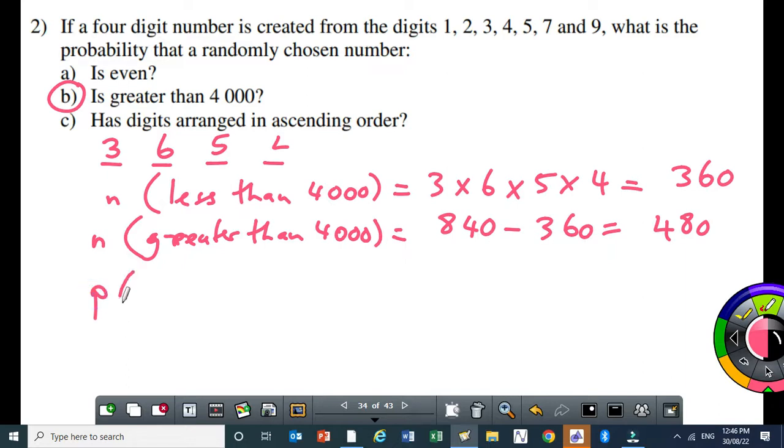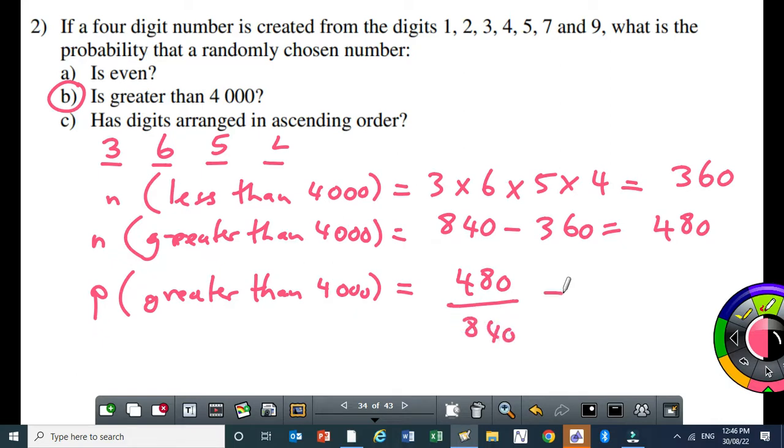So probability of a number which is greater than 4,000, is this correct? 480. So you get 480 divided by 840. Remember, the total in the sample space is 840. That answer you get, you get 4 over 7.